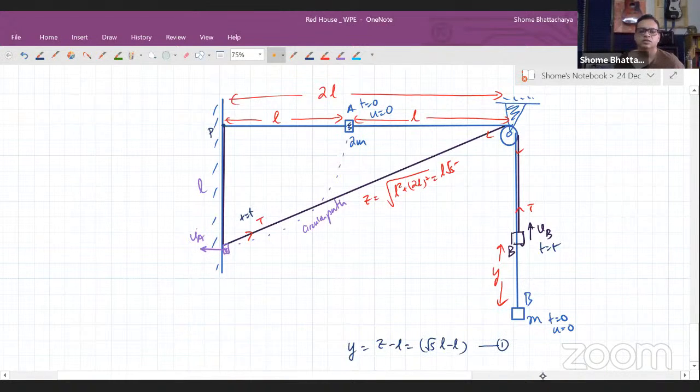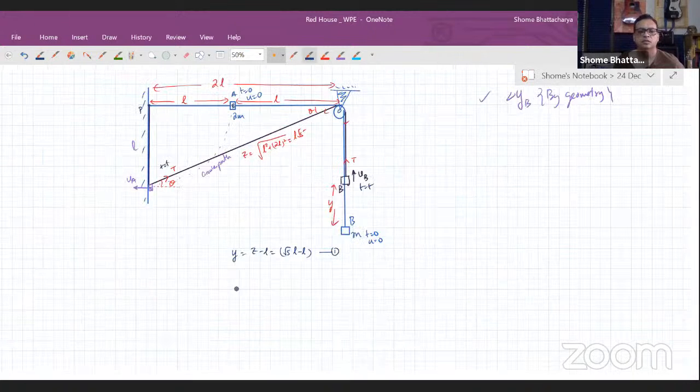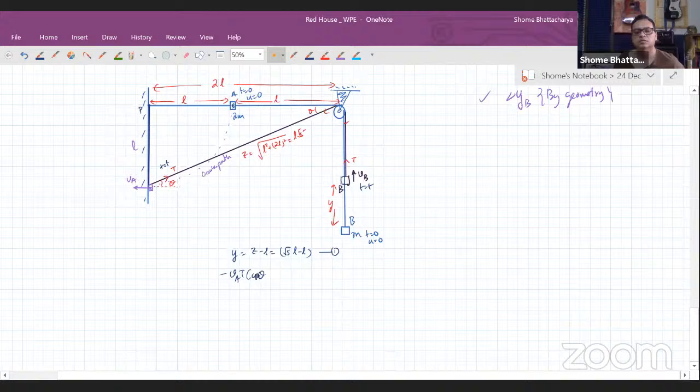Okay. Secondly, you can see that if this angle here is theta, that's the same as this angle theta. So you can see the virtual power concept now: minus VA T cos theta plus T VB should be 0.